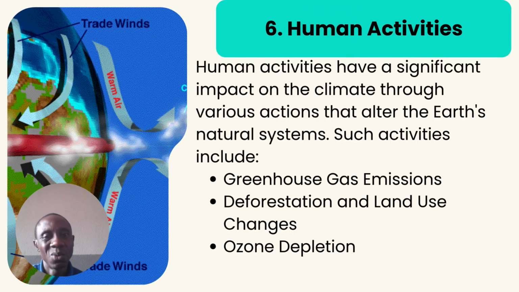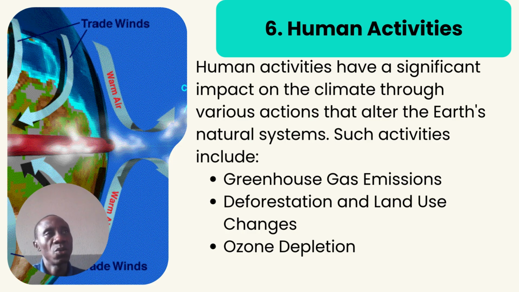Human activities, through emission of carbon dioxide, tend to cause a greenhouse effect. The principal gas in the greenhouse effect is carbon dioxide, which is emitted into the atmosphere through human activities, transport, and industrial activities.